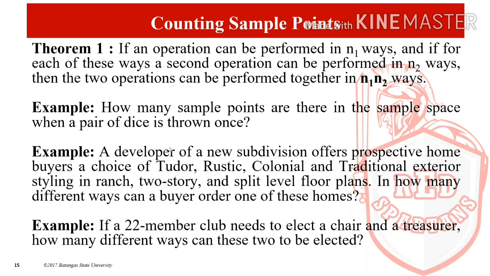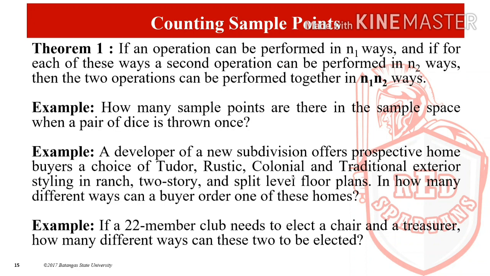A new subdivision offers prospective home buyers a choice of Tudor, rustic, colonial, and traditional exterior styling in ranch, two-story, and split-level floor plans. In how many different ways can a buyer order one of these homes? So yung n sub 1 natin, meron tayong type ng exterior style. So yung Tudor, rustic, colonial, and traditional. 4 yun.